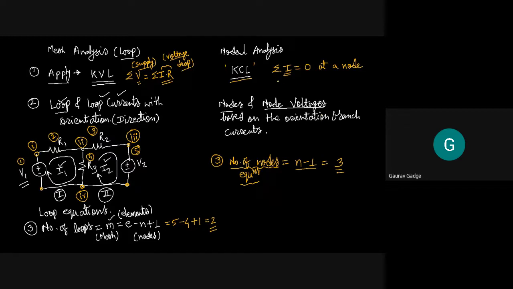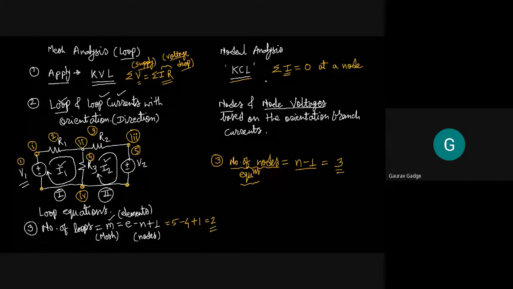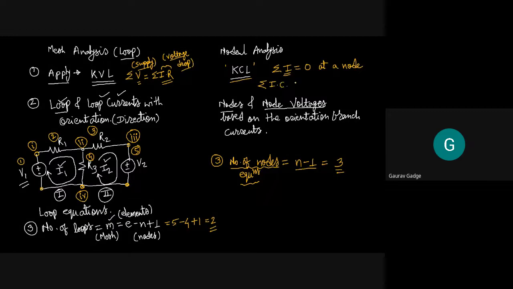Another way of writing Kirchhoff's current law is, if you remember, summation of IC is equal to summation of OC.